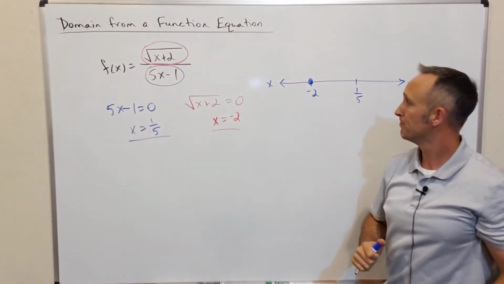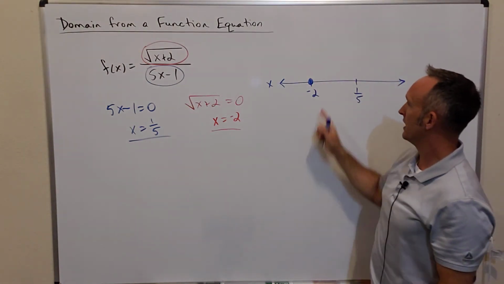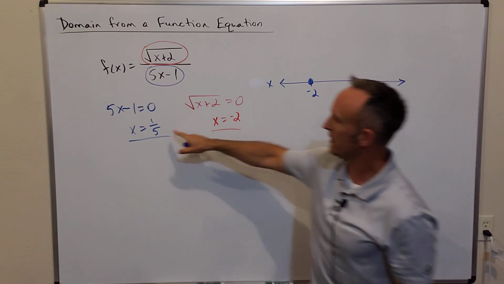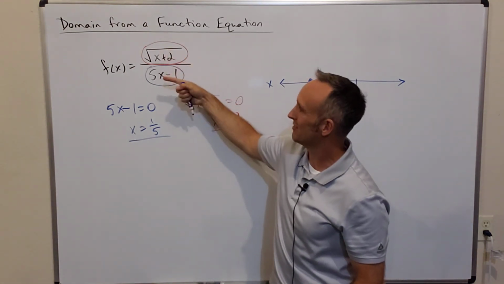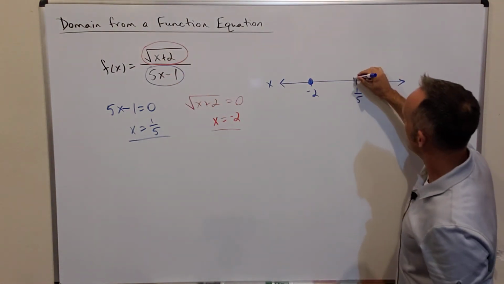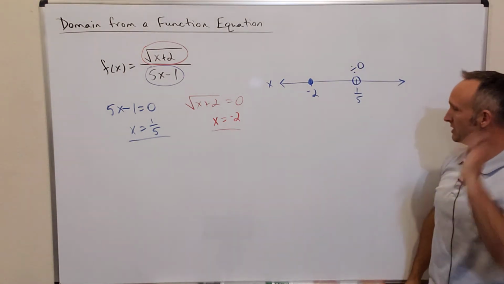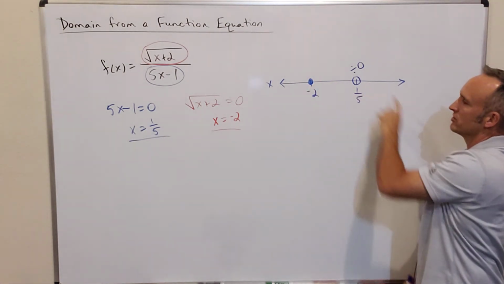It's going to be 0, okay? 0 is a real number output. So -2 is a valid input. 1/5, I already know that if I plug in 1/5, it's going to make the denominator equal to 0, which I know I can't divide by 0, so I don't want 1/5 in my domain because it causes division by 0, okay? Now we've got to look at the three regions.